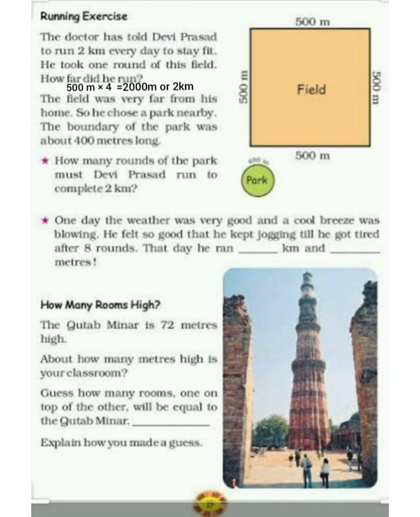Children, we already know 2 kilometers equals 2000 meters. 1 round equals 400 meters. So, here we have to do division, 2000 meters divided by 400 meters. Our answer is 5.